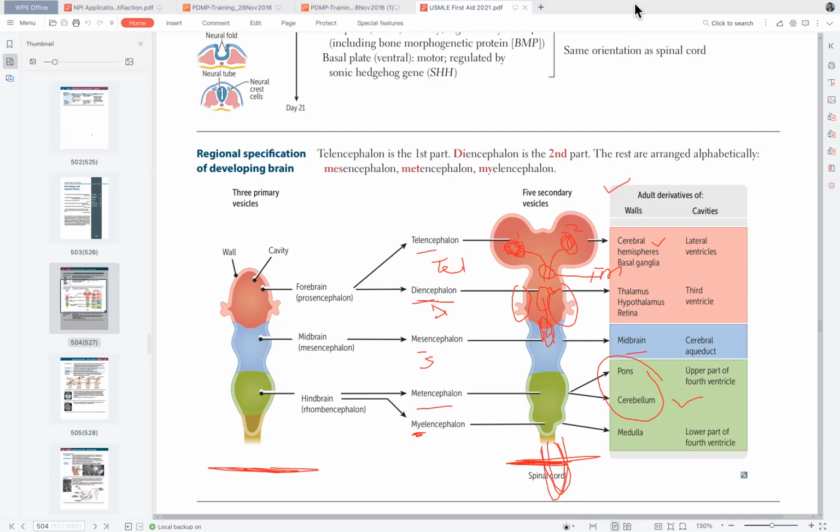So let me see if I can find an image of the brain here for you. Give me a minute.